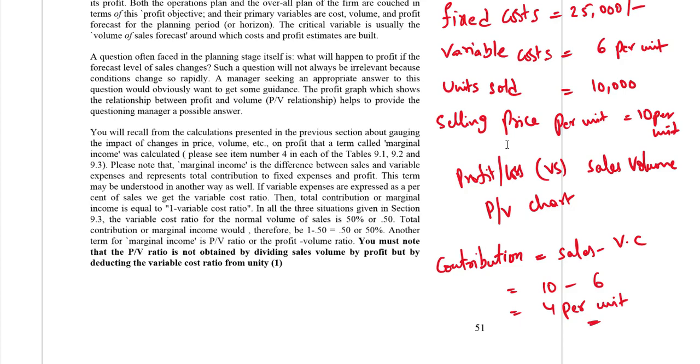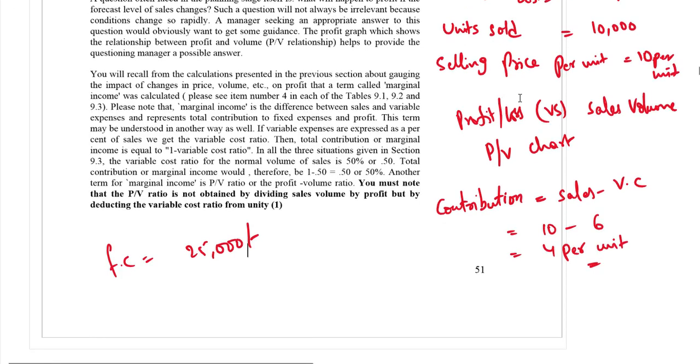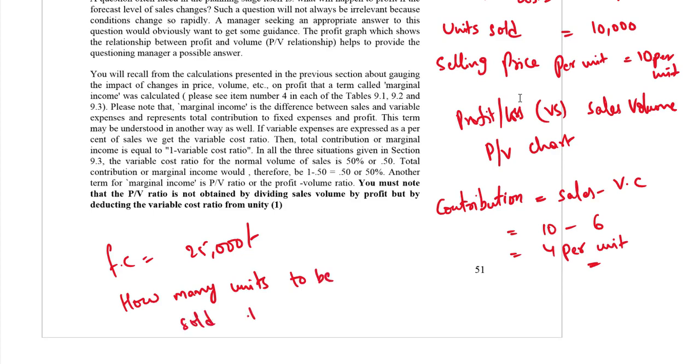Now, the fixed costs in the company are 25,000 rupees. To find out break-even point, first we have to understand how many units the company has to sell to recover this 25,000 rupees.